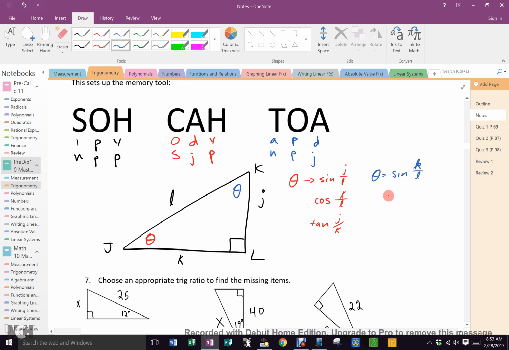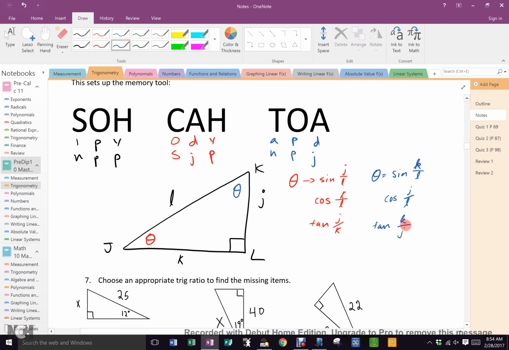What's the cos of blue theta? You shouldn't even need to look now. j over l. And what is the tan of blue theta? k over j. That's trig.